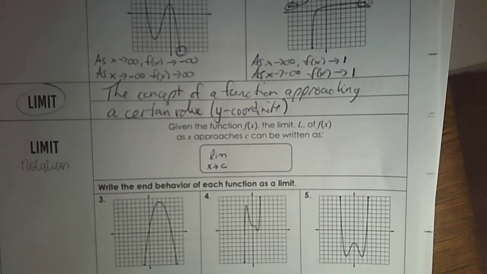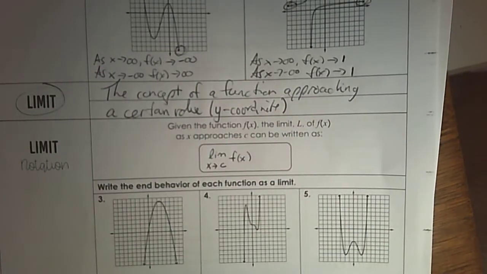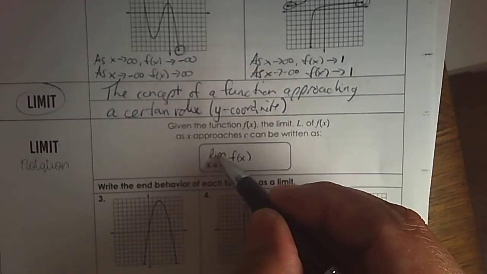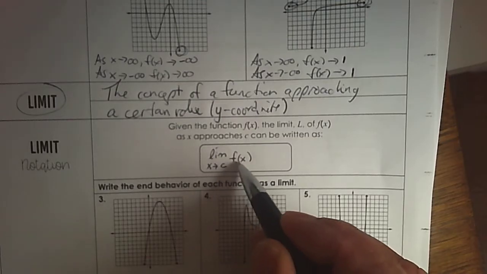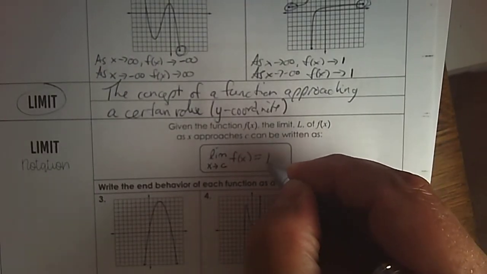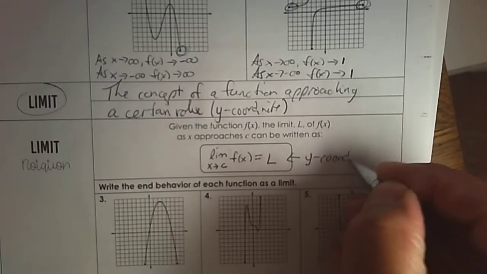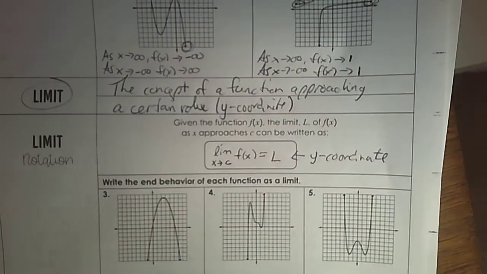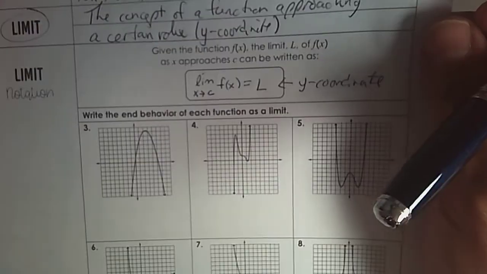The function we're using will be right beside the limit. So limit on top, x approaches something on the bottom, and beside it, f of x. Then we're going to have an equal sign, and that L is really going to be the y-coordinate it's approaching. We're going to practice that notation so you get comfortable with something that you've never done before.